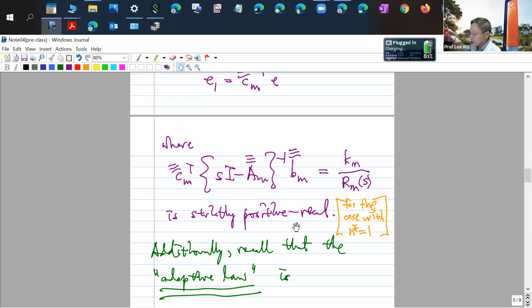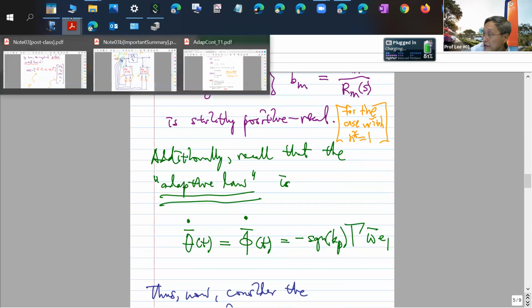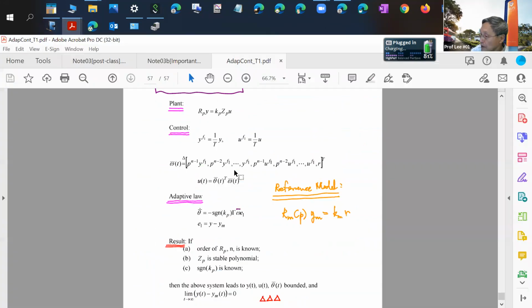Because now, if you look at our summary, with relative degree equals 1, we are saying our adaptive law can be as straightforward as this.